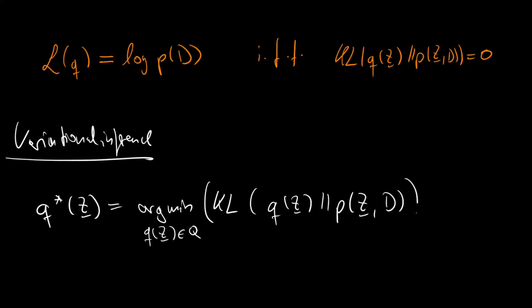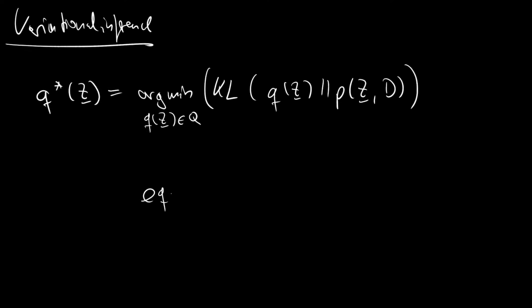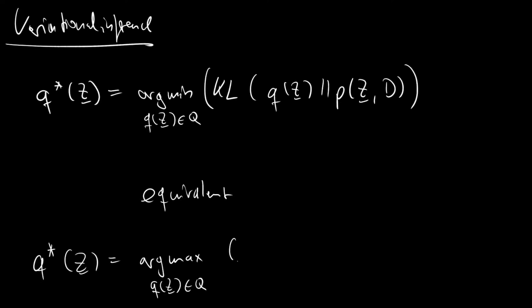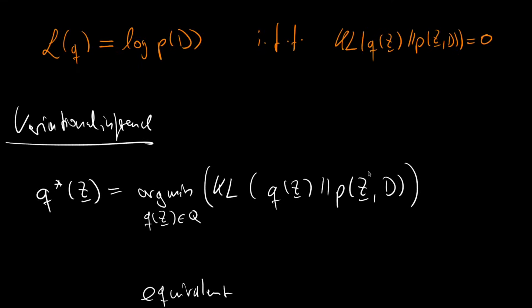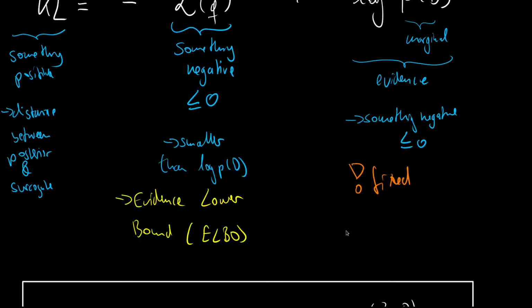Then we said we can't compute this, but this is equivalent to saying that Q star of theta is the arg max over all Q from our family of the evidence lower bound. So once again, the evidence lower bound is bounding our evidence from below.